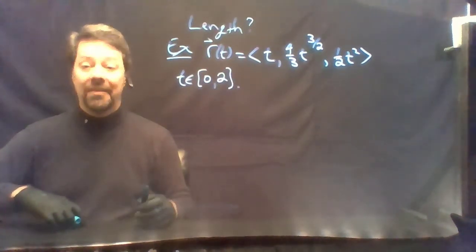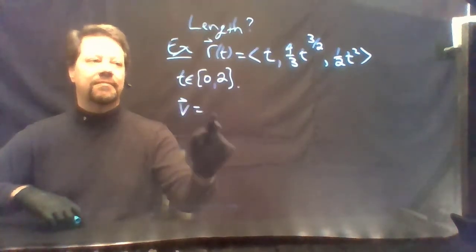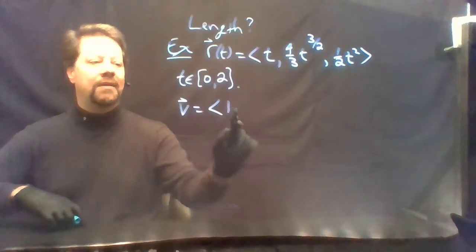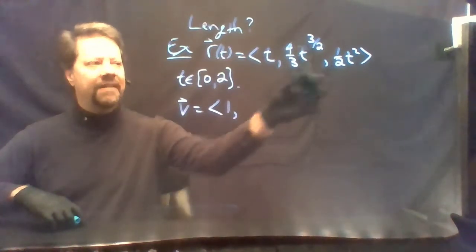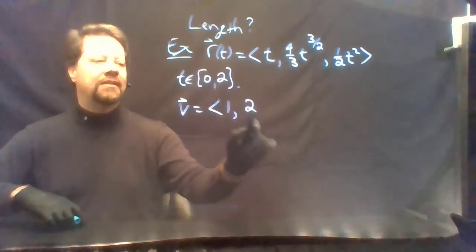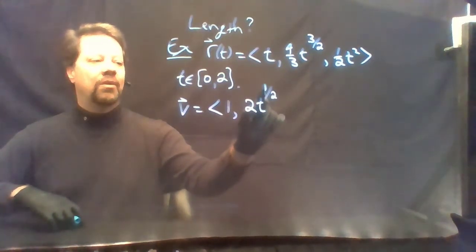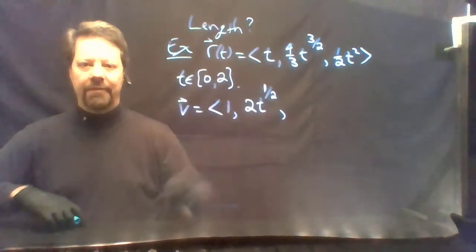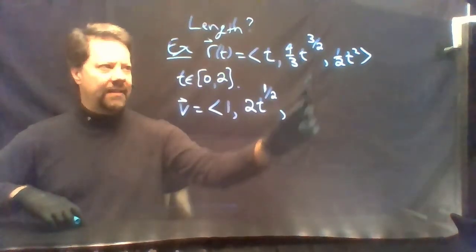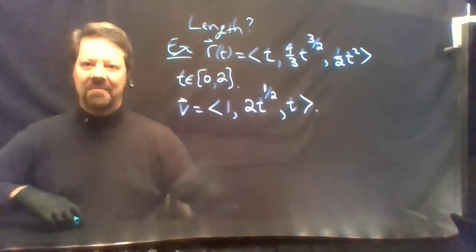To find the length, the first step is, of course, to find the velocity. That will be 1. When we bring the 3 halves down, the 3's will cancel and a 2 will cancel, leaving us with 2t to the power of 1/2 after we subtract 1 from the exponent. In the last coordinate, the derivative will be t.